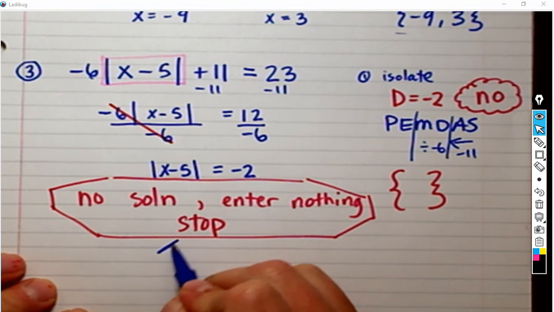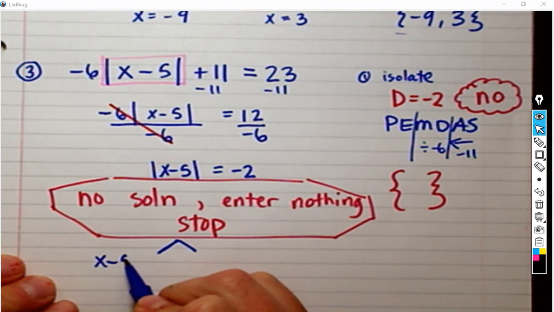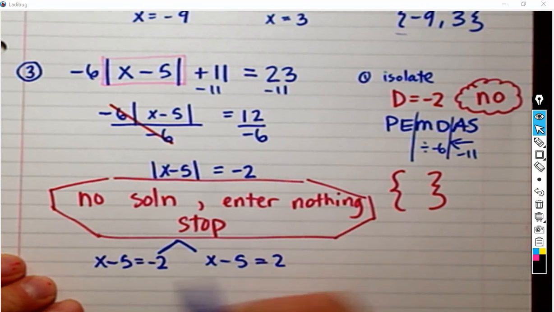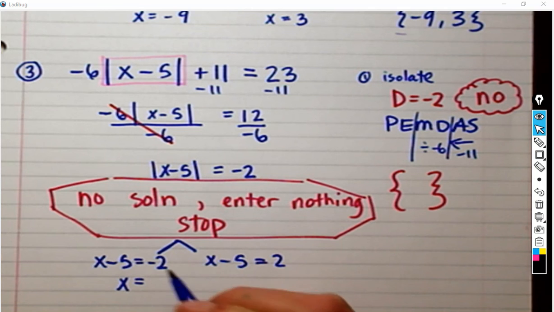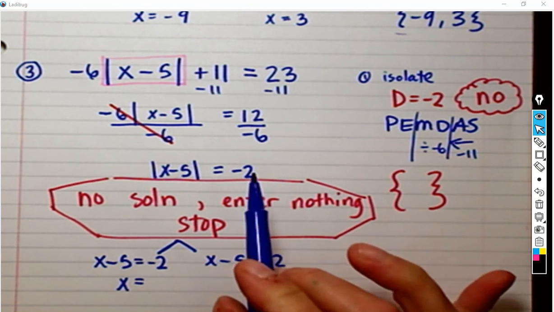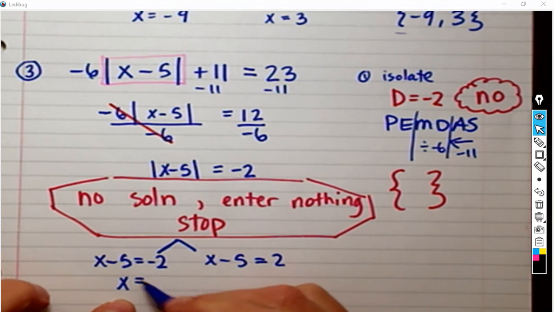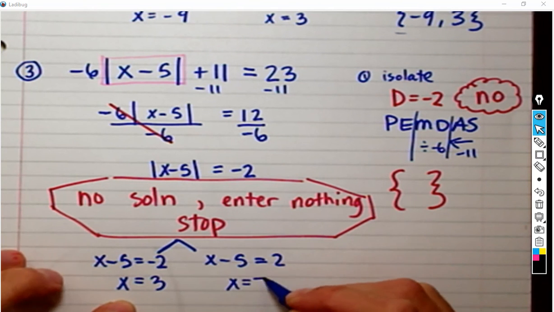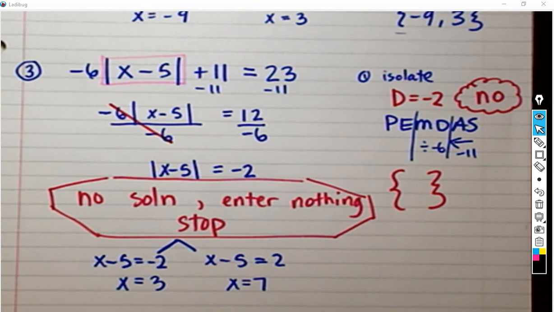But let's say I felt like being excessive. Keep in mind that x is not the distance, negative 2 is the distance first. Okay, so we get 3 and 7.